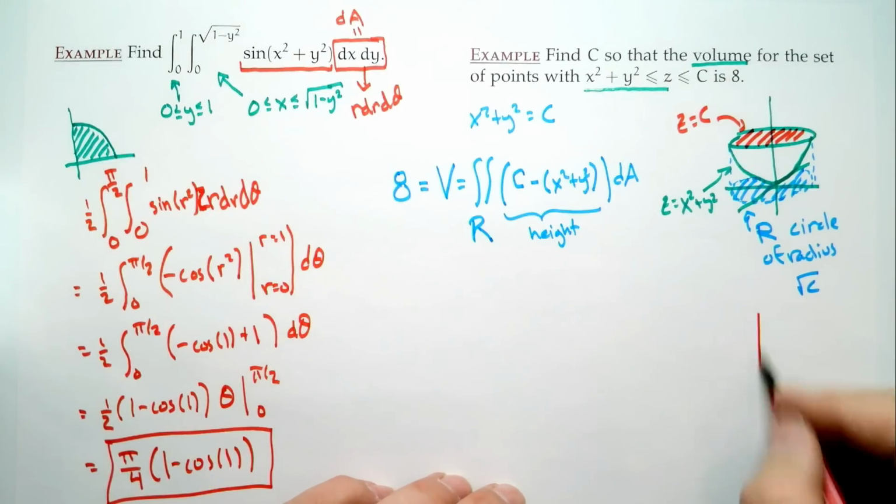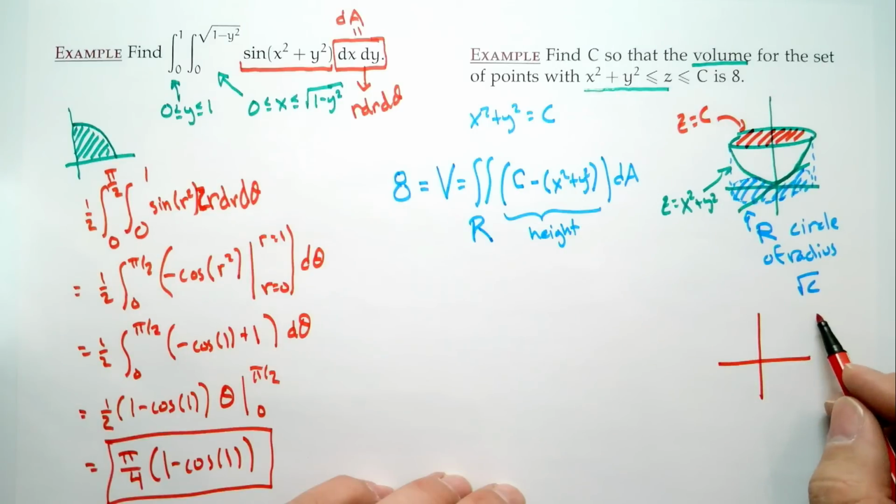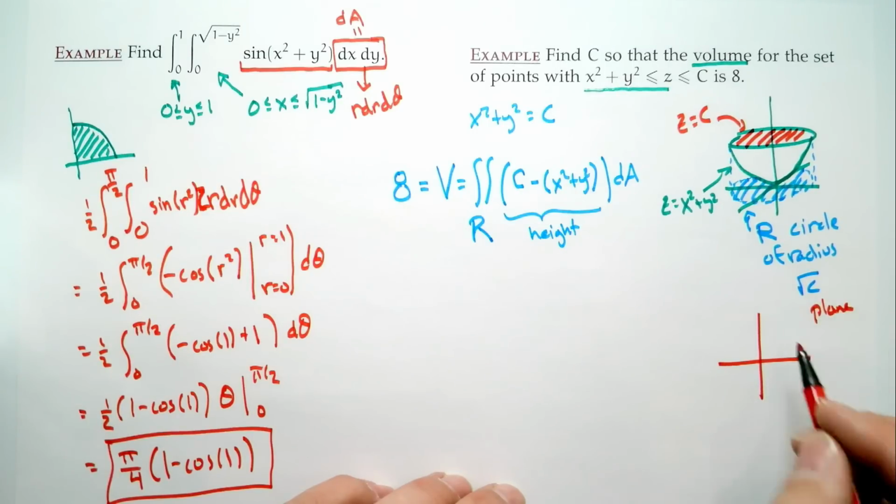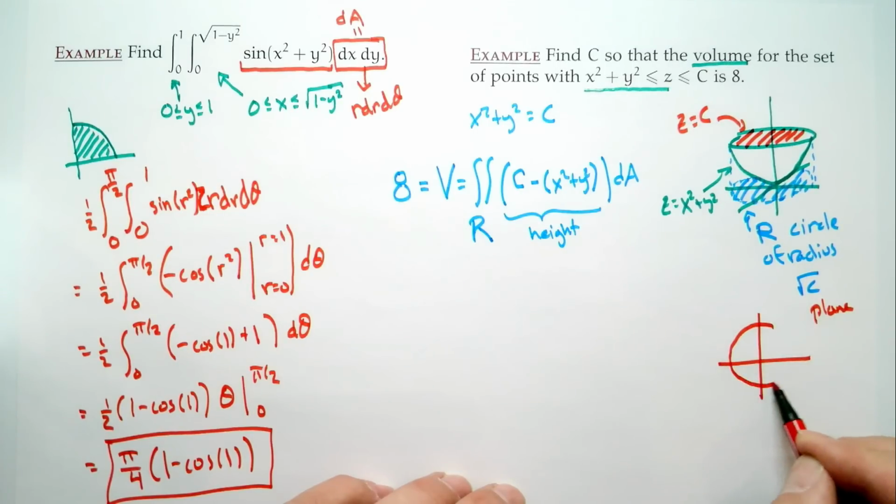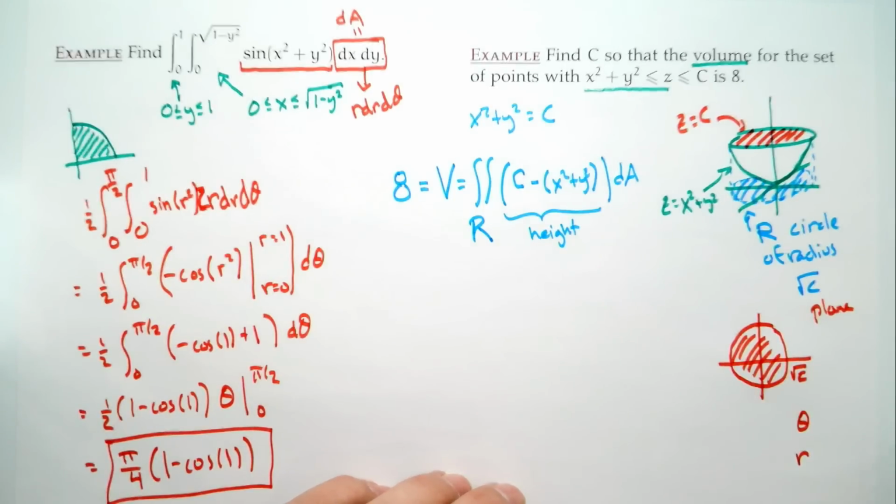So again, if we look at just the plane, what we see is our region is a circle of radius square root of c. So what can you say about theta? What can you say about r? Theta goes all the way around, so between 0 and 2 pi. What about r?